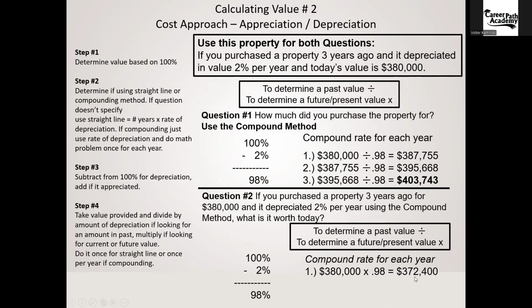And it looks like it is, so we know we're on the right track. That's another way to check your math to make sure it's working. If they told you how much you bought it for and it depreciated, then the number should be coming down. And then you do it another time, and the answer is 357,653.